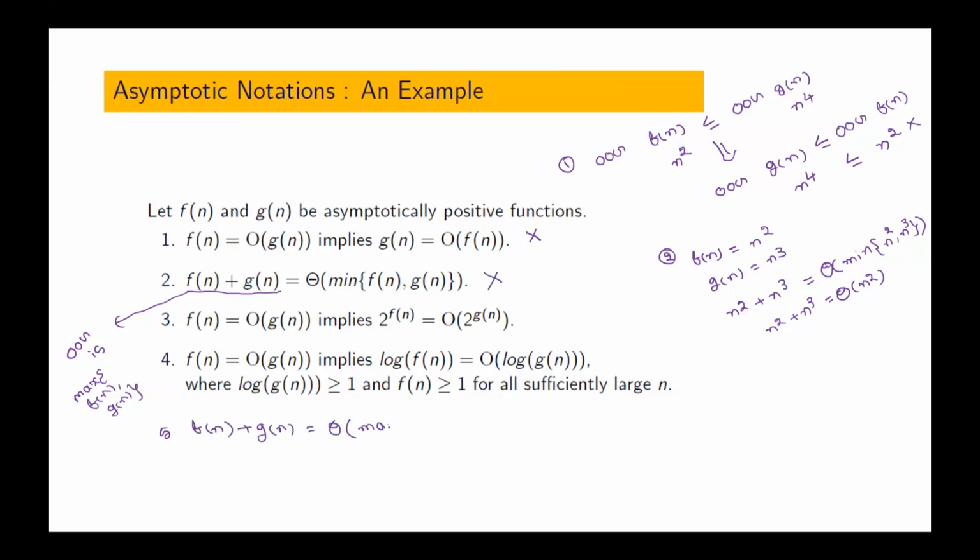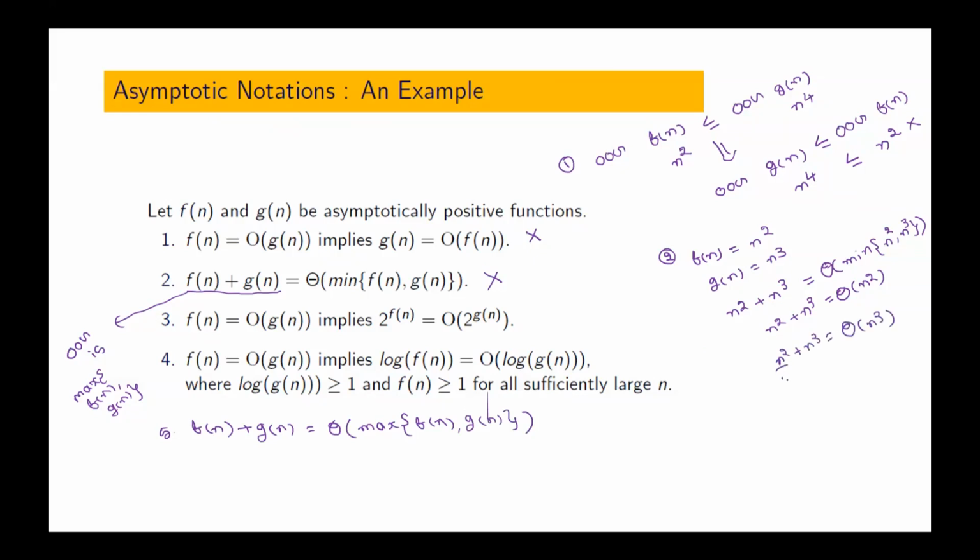If our question was something like this, is this true? F of n plus g of n is theta of maximum of f of n comma g of n. Then it is true. So n square plus n cube is theta of n cube.